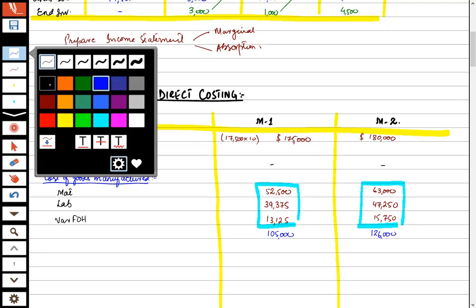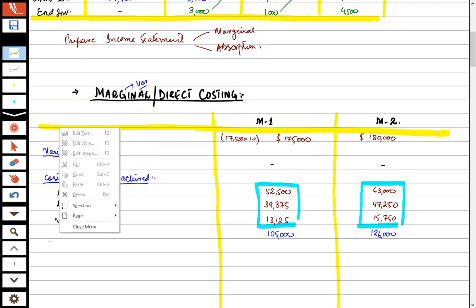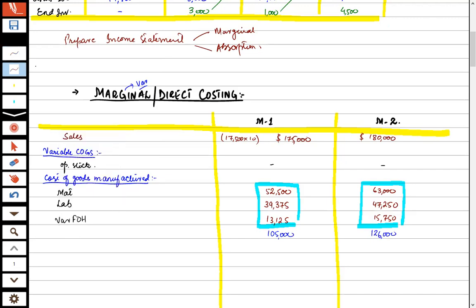Now there will be goods available for sale. This one and this one will be added.